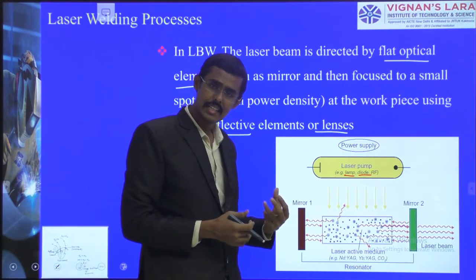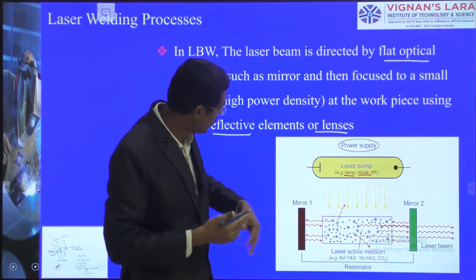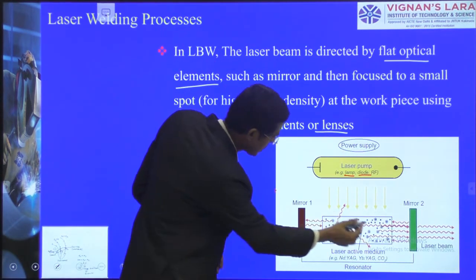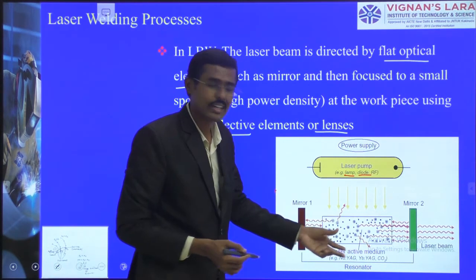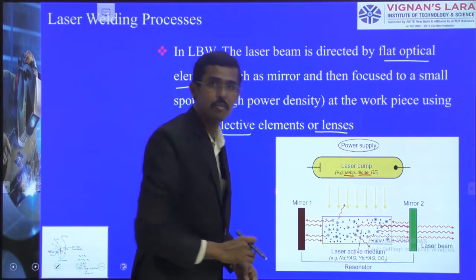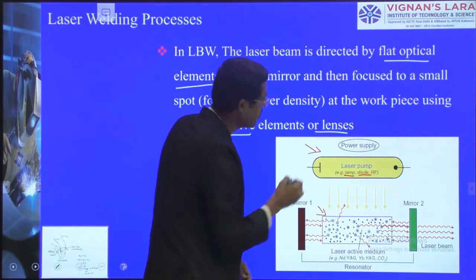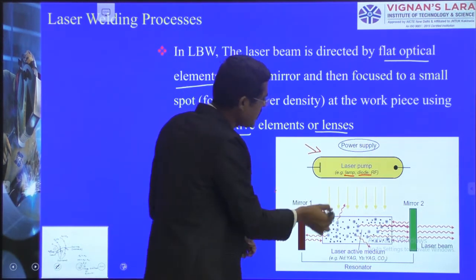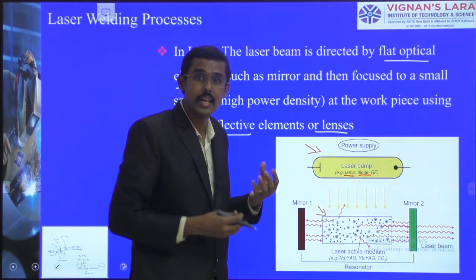So that it has to be multiplied. How are we multiplying? I am keeping one end of the crystal. You see, the positive ions and electrons are exhibiting here and there in this laser active medium. This is the laser active medium, and this is the laser pump from where we are supplying the lamp light, in which it started to exhibit and get unstable.